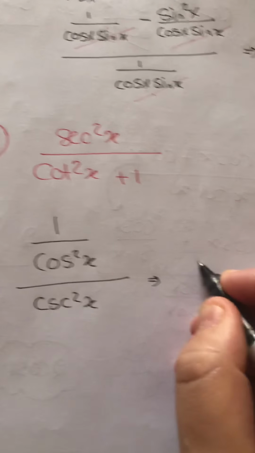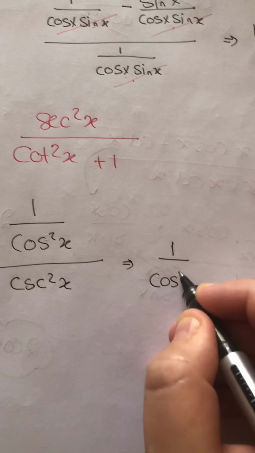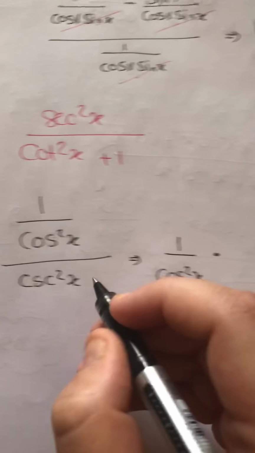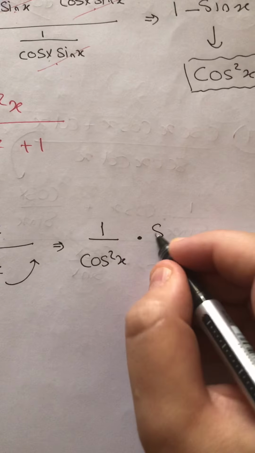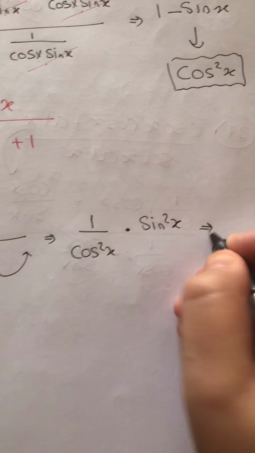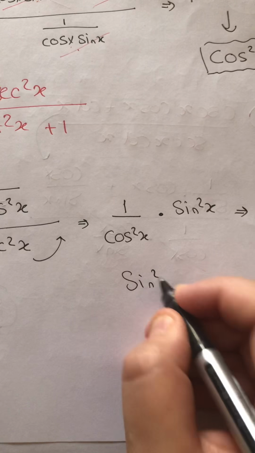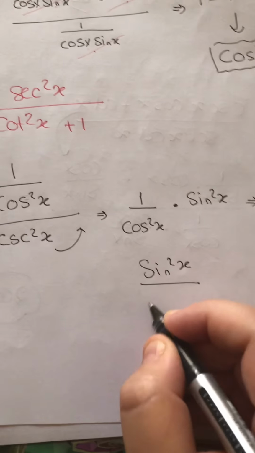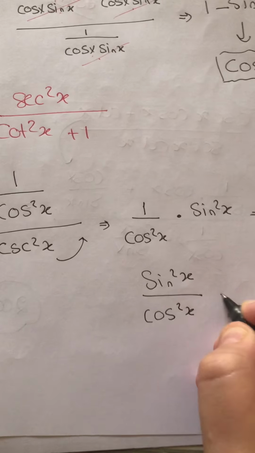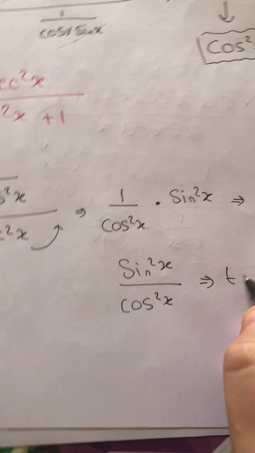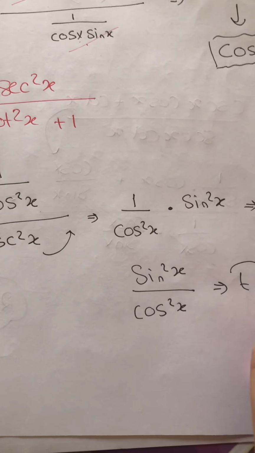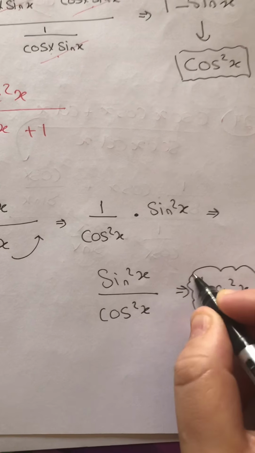So I have 1 over cosine squared x times, if I take this up, sine squared x. I can see the quotient identity over here. What is sine squared x over cosine squared x? It is tan squared x. Bravo! Bravo for me, not for you.